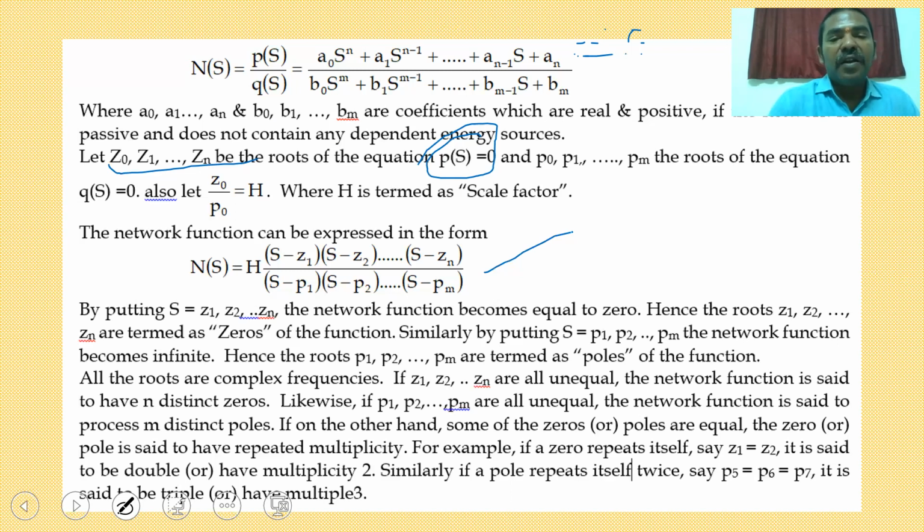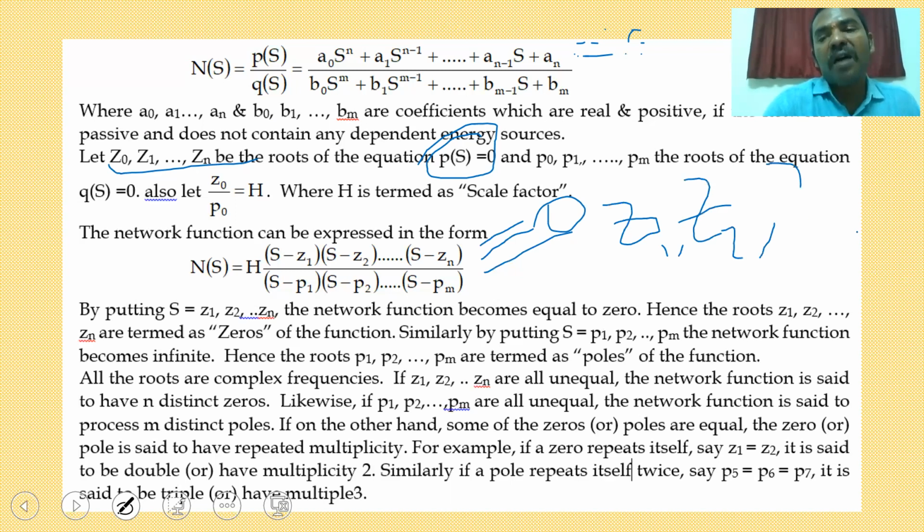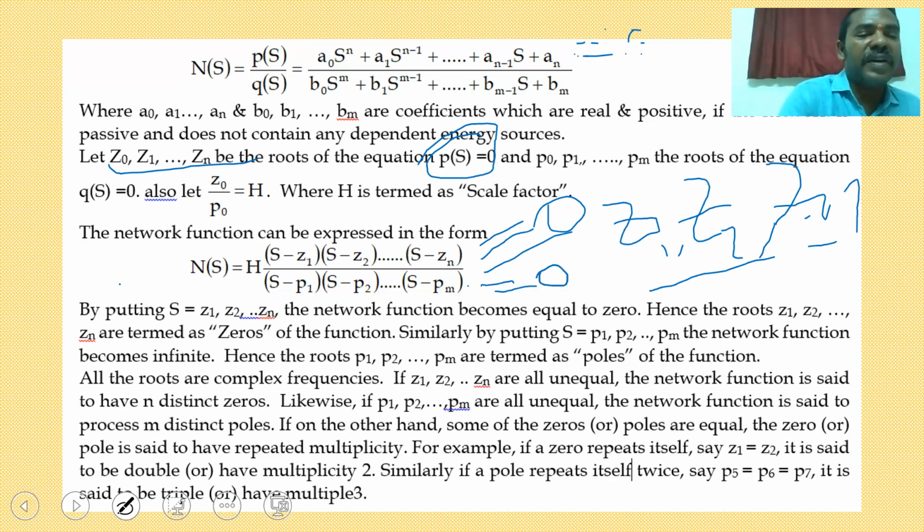So here, if you substitute these values and N of s is equal to 0, the roots you are getting, z1, z2, zn, are zeros. And if you substitute the values where N of s is infinity, then the values p1, p2 and so on up to pm are poles of the equation.